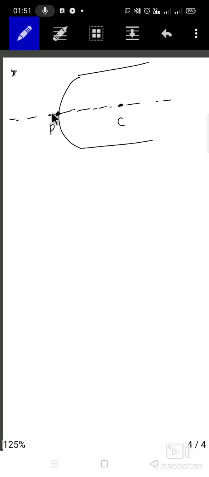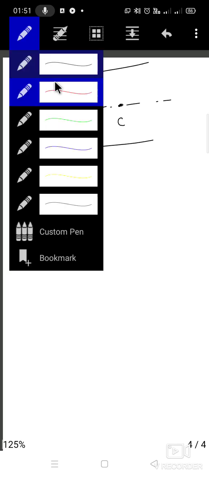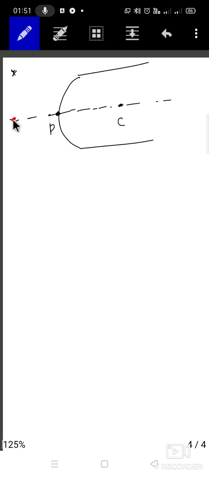Here an object is given, 20 centimeters from the pole, and the radius of curvature is 15 centimeters. Mu1 is given as 1, and mu2 is 4 by 3.